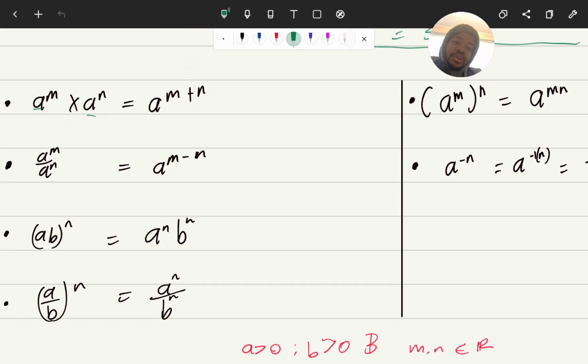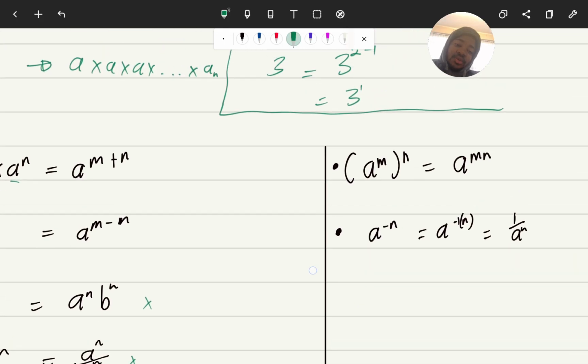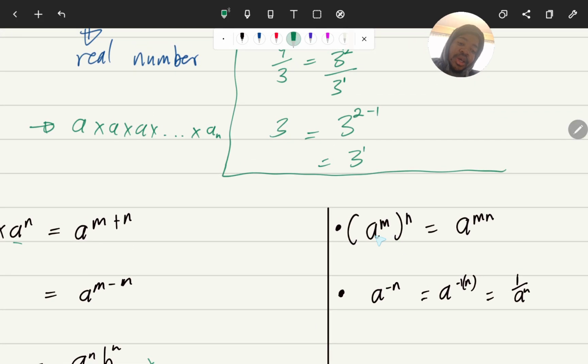Basically this one is you have one here, you have one here. This law, both of these ones, they are the same as this law, right? In a sense, I want to say when we are raising power to power, we multiply the exponents, right? So let's focus on this law just a little bit. So we are raising power to power here, therefore we will multiply the exponents, right?